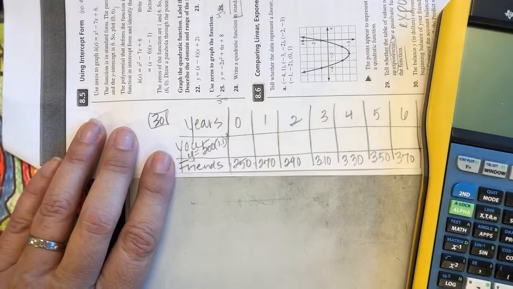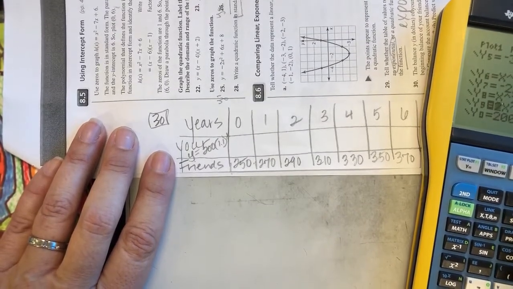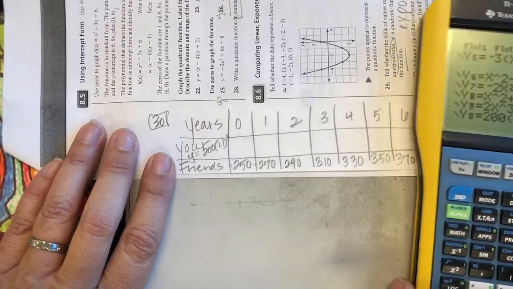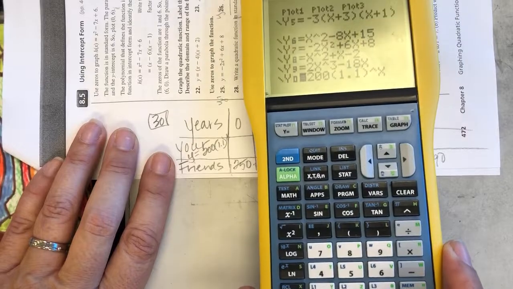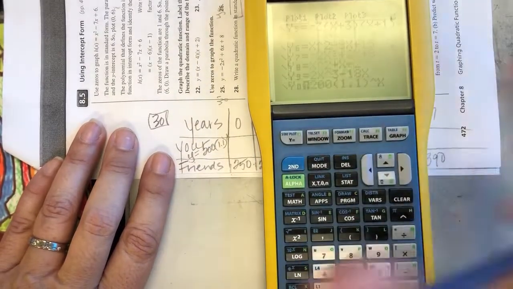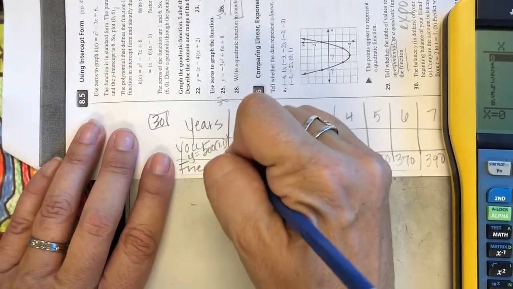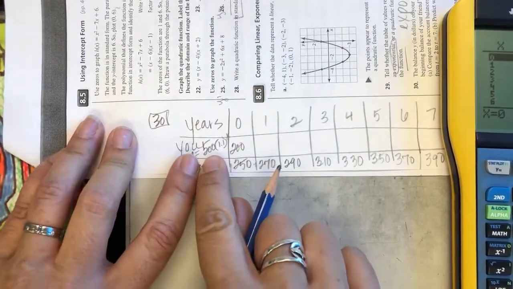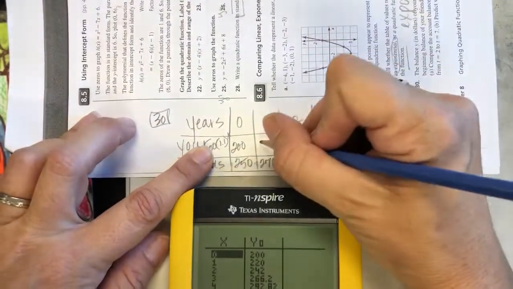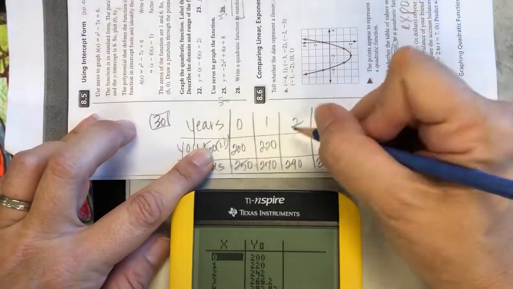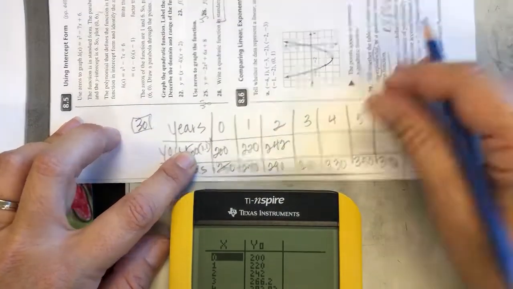Now, as far as your account is concerned, I have the equation. I think I put it in my y equals already. I did. Going into y equals, I've got 200 times 1.1 to the x. I'm going to look at the table. At 0 years, they started out with 200. It's interesting because that's in the table too. After 1 year, that's at 220. After 2 years, it's at 242. I'm just using the values from my table.